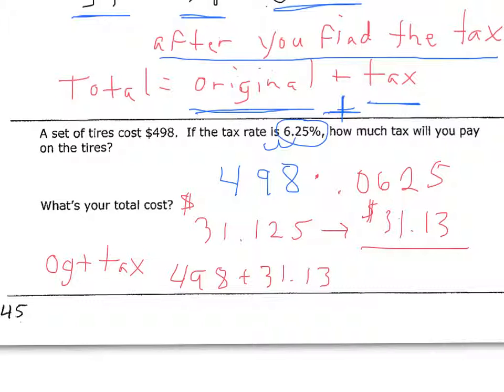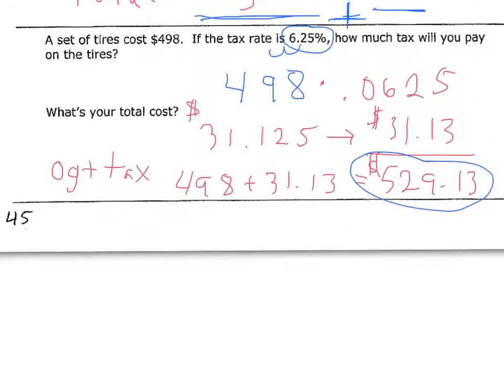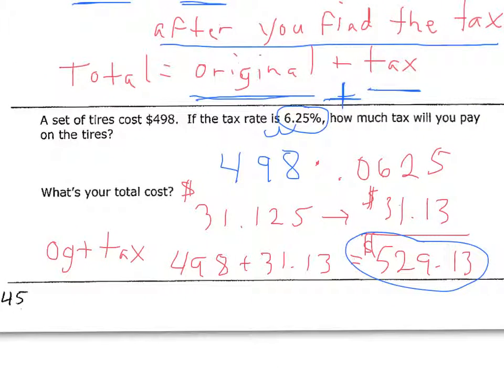If you type that into your calculator, $31.13 plus 498 gives you $529.13. Always remember that your tax is going to make you pay more, not less. Make sure you have that down, and we will move to the next problem.